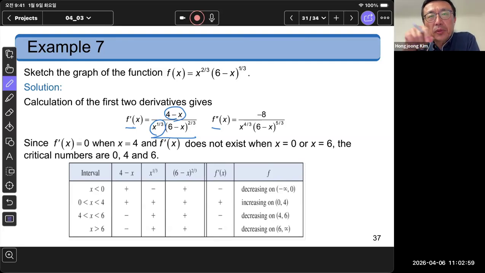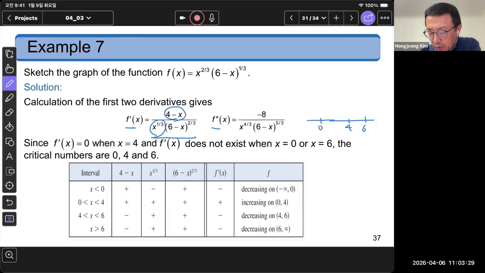And you need to split the interval with those critical numbers. So in case of f prime, the critical numbers are 0, 4, and 6. With these three critical numbers, the interval is split into 4 pieces.